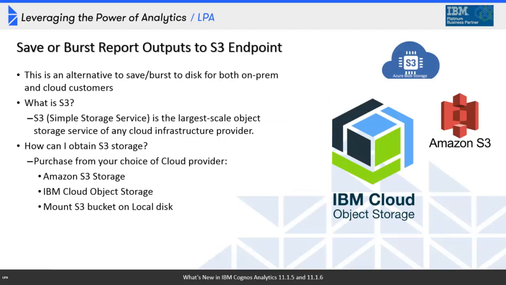Another management enhancement is the ability to save or burst report outputs to a simple storage service, a cloud service for organizing your documents. So some organizations have invested in, say, an Amazon S3 or IBM Cloud Object Storage, a way for them to distribute documents in a centralized location on the cloud.